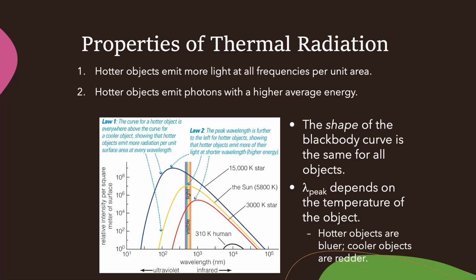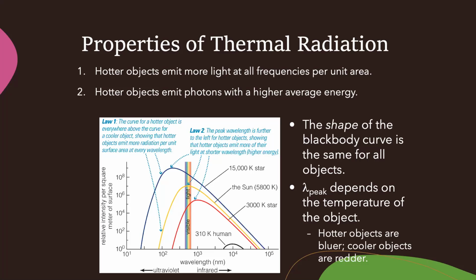So we're 310 Kelvin. We are not particularly hot. So we emit very low energy photons, like infrared. Infrared is a very low energy kind of light. But if an object gets hotter, it can start to emit visible light, which is higher energy. And if it gets even hotter, it can start to emit ultraviolet light, which is even higher energy than visible or infrared. So the hotter something is, the more light it's emitting and the higher energy light it's emitting, right?